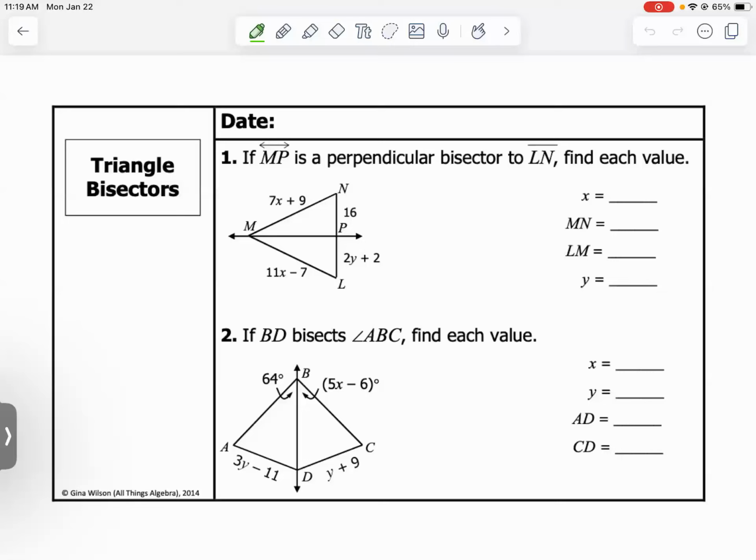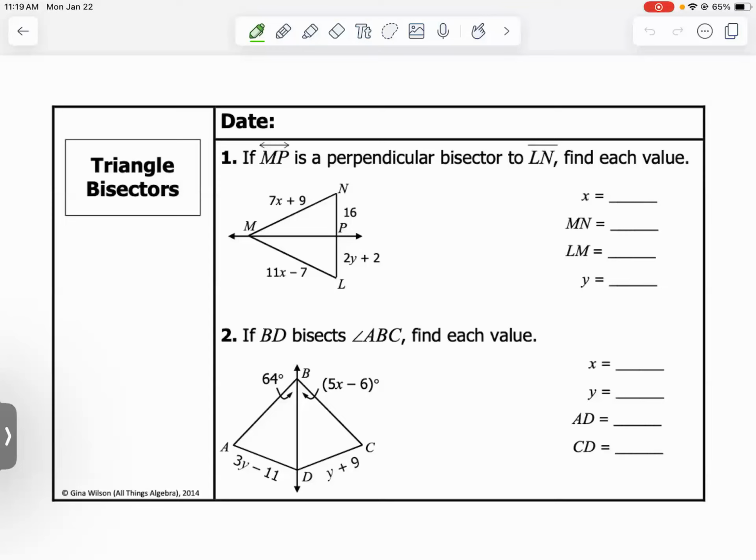Equal the sides? Maybe all equal distance. That's equal to that. X equals 14. 44 minus 7. 37. ML equals 37. So MN equals 37.